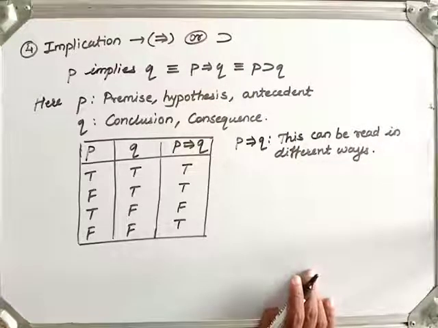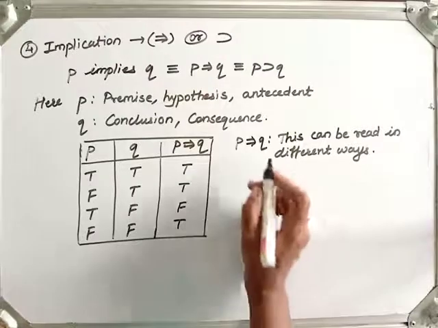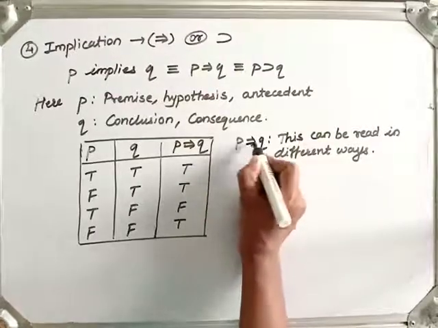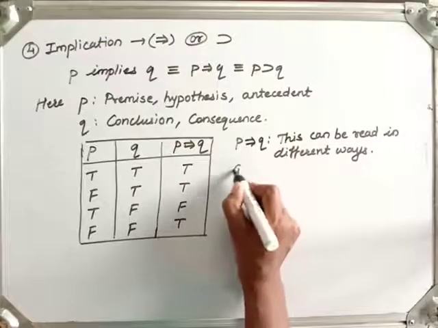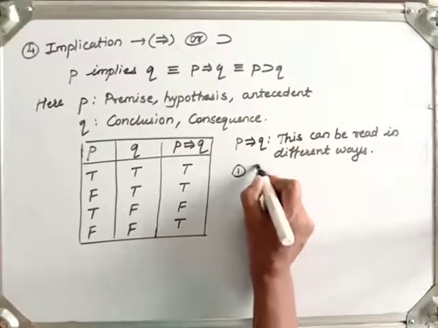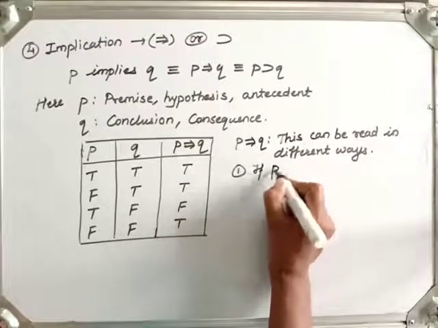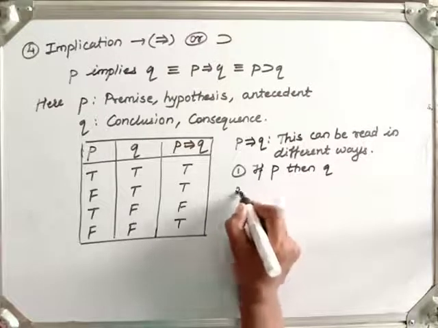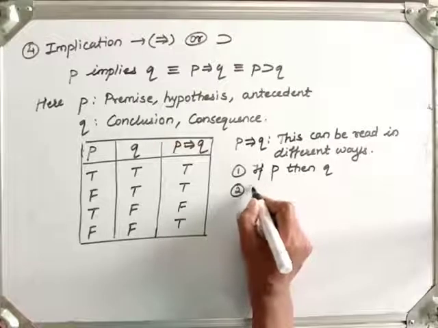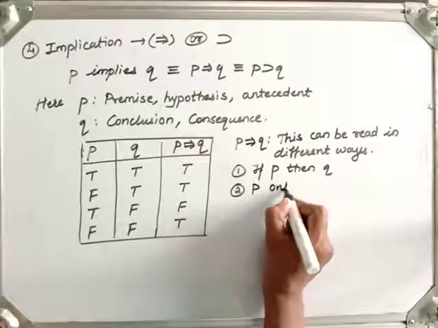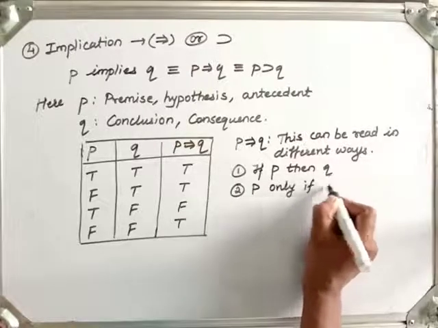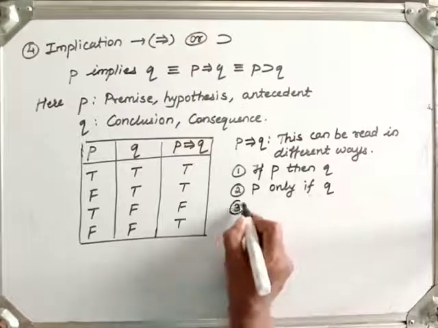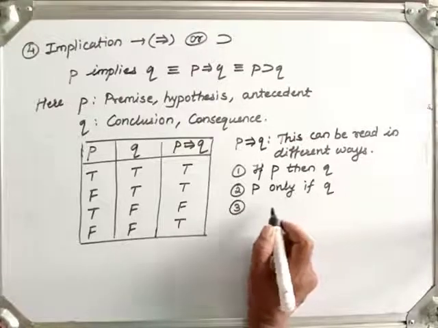Now, what are different ways to read this statement? P implies Q. First one, if P, then Q. This is the first way. Second one, P only if Q.